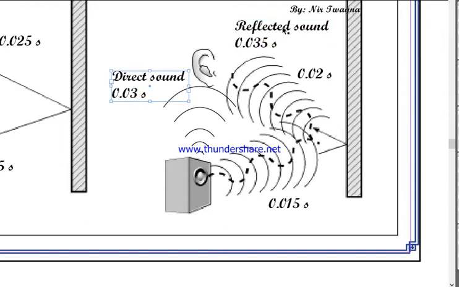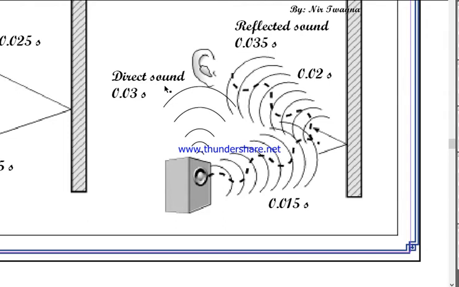As a result, the reflected sound is not perceived as a separate sound, but it will get mixed up with direct sound. As a result, you will hear the original sound a little bit prolonged.